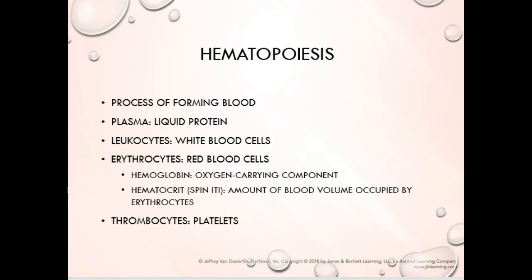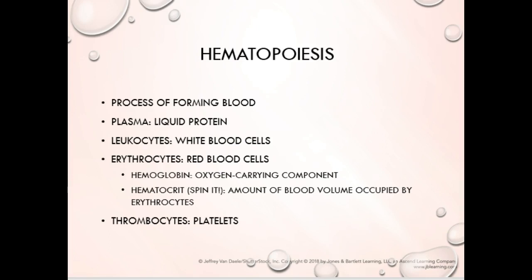There's a ton of stuff that travels through our blood. If you think about it, whenever we need to transport food, nutrients, oxygen somewhere, we use blood. But don't forget too that we use blood to get rid of wastes and carbon dioxide and byproducts of metabolism. So our blood is super important to transport things to and from tissues.